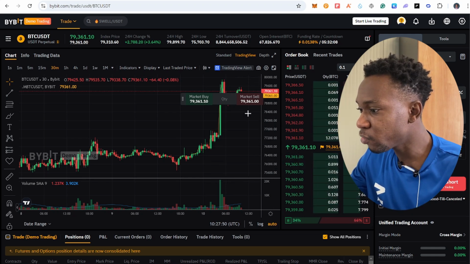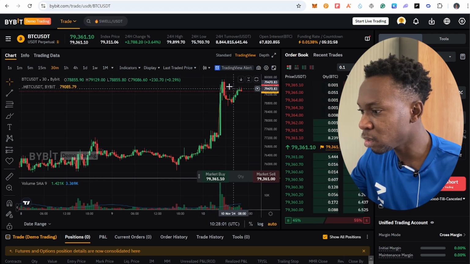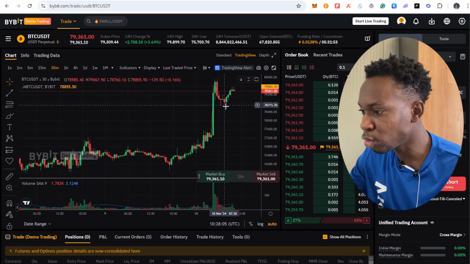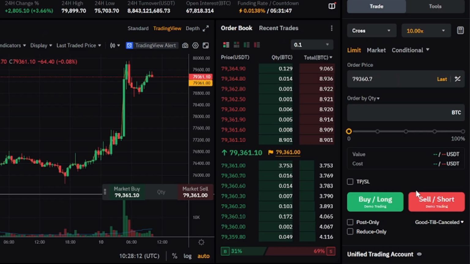Let's say for instance you think BTC is trading right here. It came to BTC trading around 79,000 and it's trading down right here. So you think this is going to go down in a short period of time, and you want to short this.